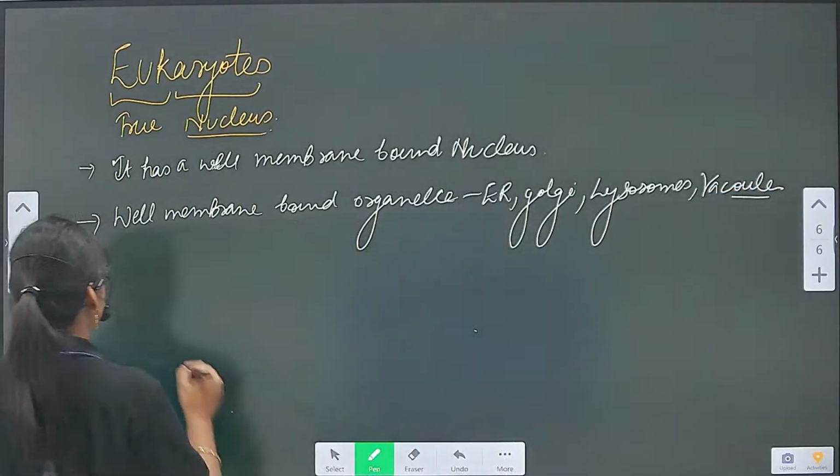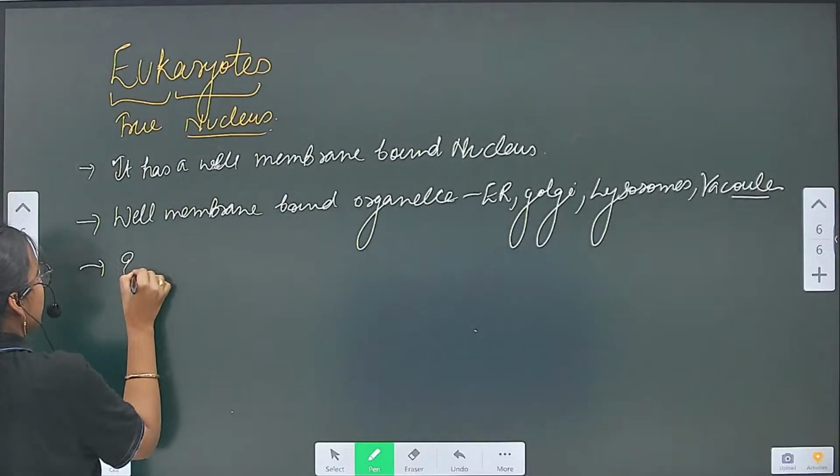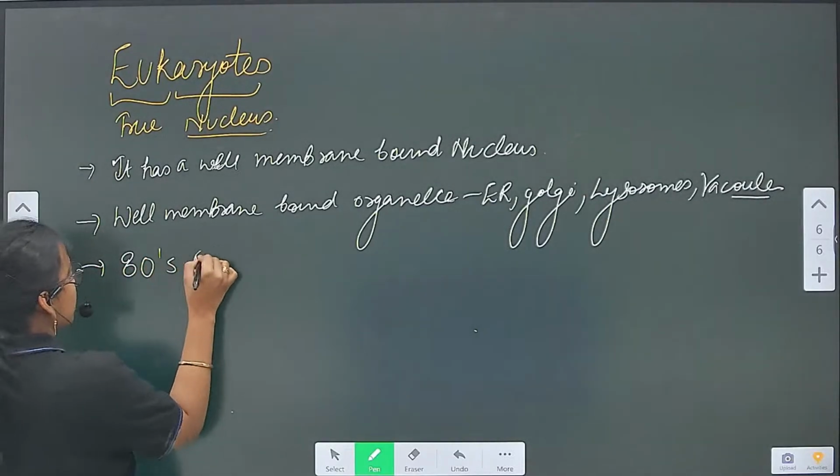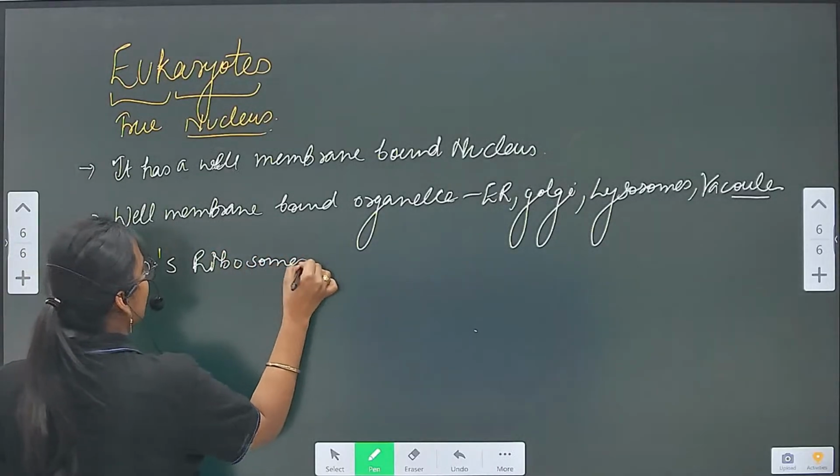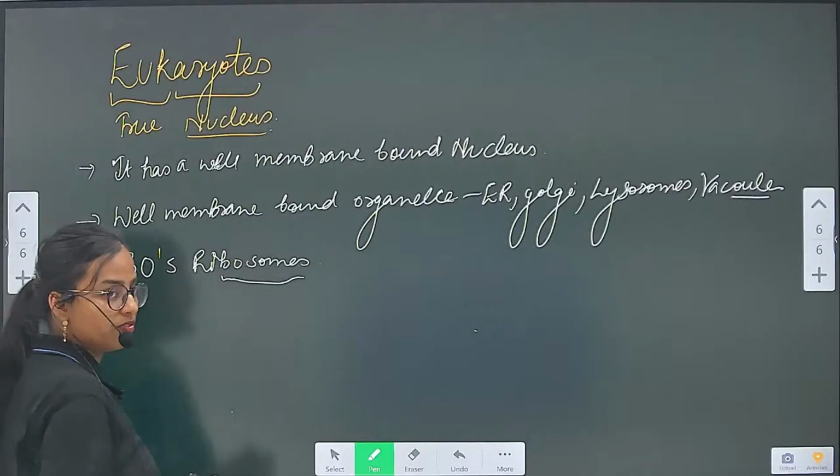Then 80S type of ribosomes are also there in case of eukaryotes.